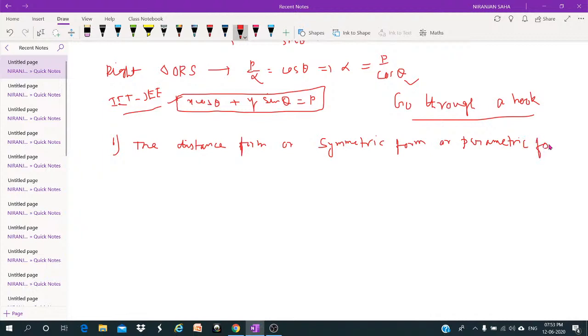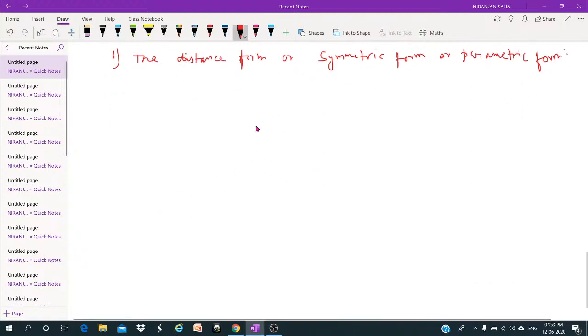So here what we are to do: if we have two axes, x-axis and y-axis, and this is the origin, and here we have a straight line.